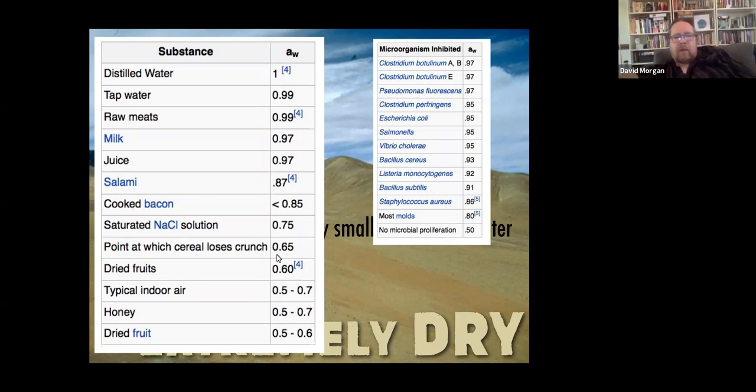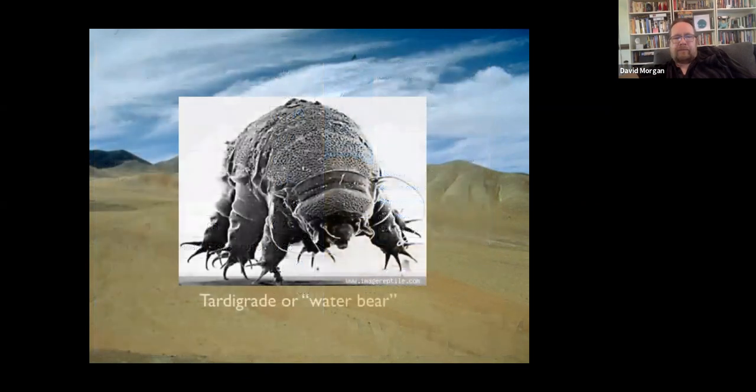There are, however, bacteria that can live in a saturated salt solution, and even being in an extremely dried out environment won't kill them.